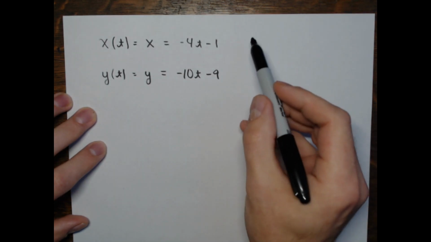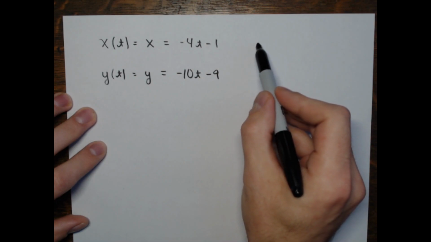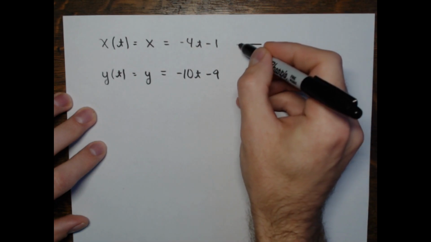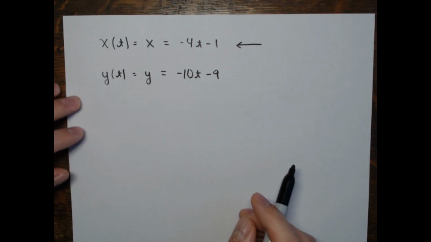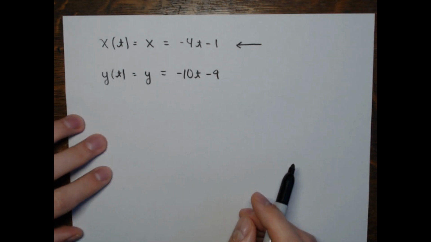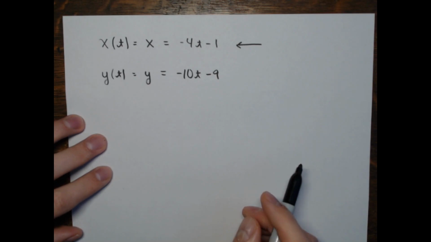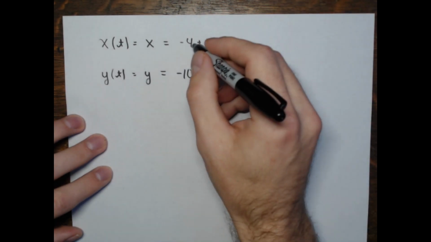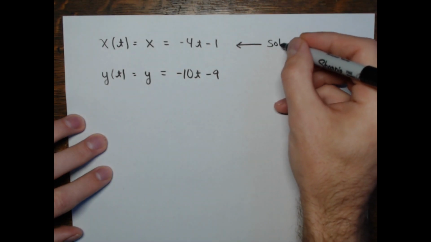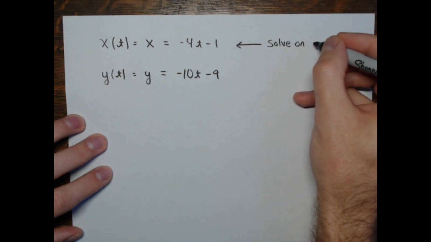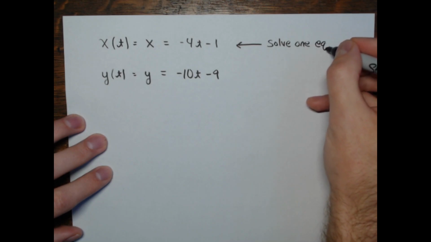So to eliminate the parameter, when trig functions are involved, you can use a nice identity to get rid of those parameters. But here I have some nice linear functions. So we solve one equation for the parameter and substitute into the other.